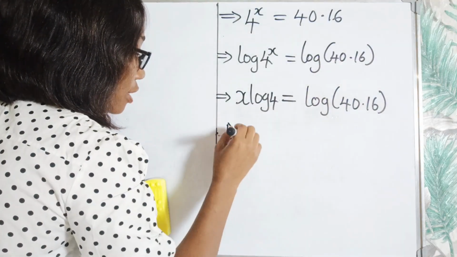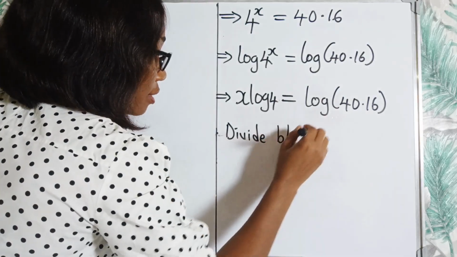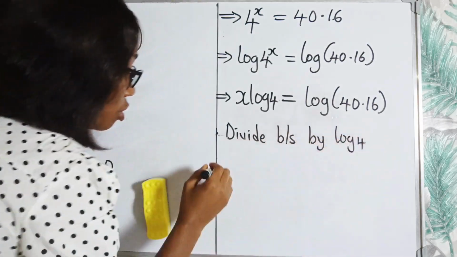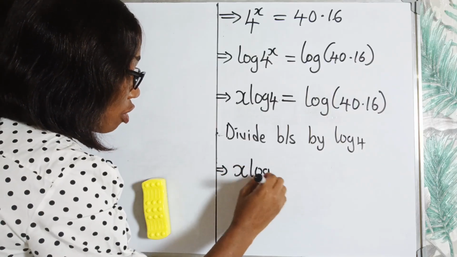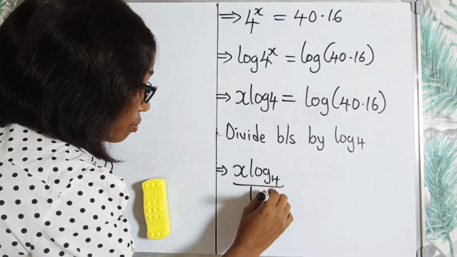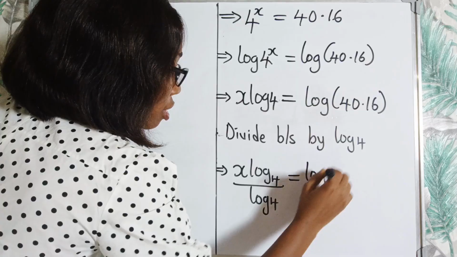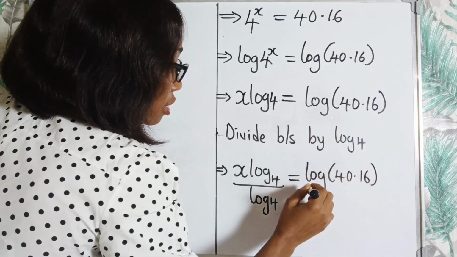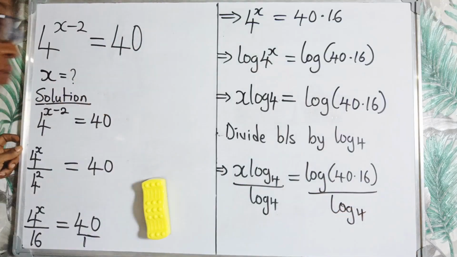So the next thing for us to do here is to divide both sides by log 4. So now we are going to have x log 4 divided by log 4 is equal to log 40 times 16 divided by log 4.